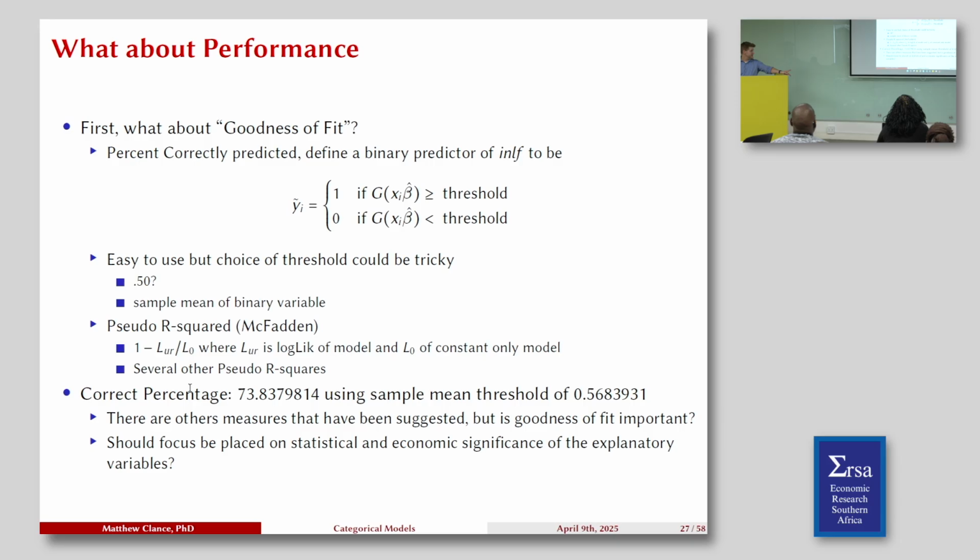And then the question is, should focus be placed on statistical and economic significance of the explanatory variables? Remember what I was saying yesterday, that a control is just a control, but it's meant to be in there either due to theory or past research, and it might not be significant.